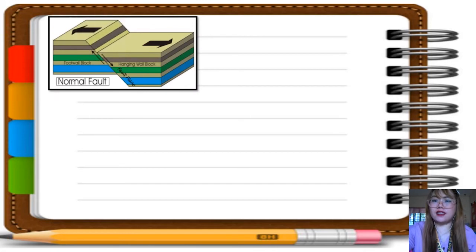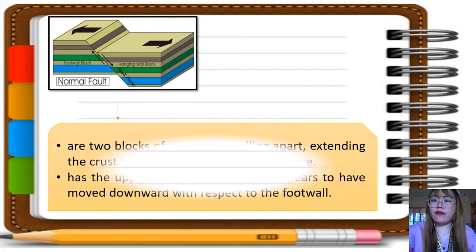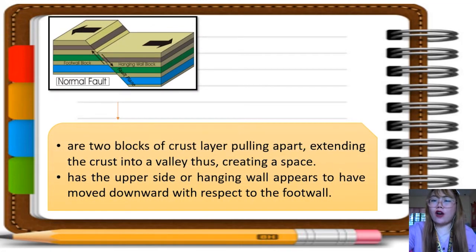Next is the normal fault. What is a normal fault? Normal faults are two blocks of crust pulling apart, extending the crust into a valley, thus creating a space.